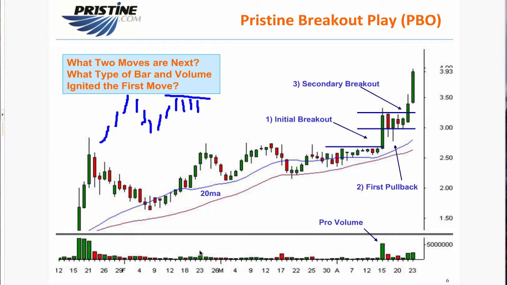Okay. So as we look at these questions here, what two moves are next? I mean, we're looking for price to continue moving up, and then probably you're going to get some kind of pullback or consolidation.